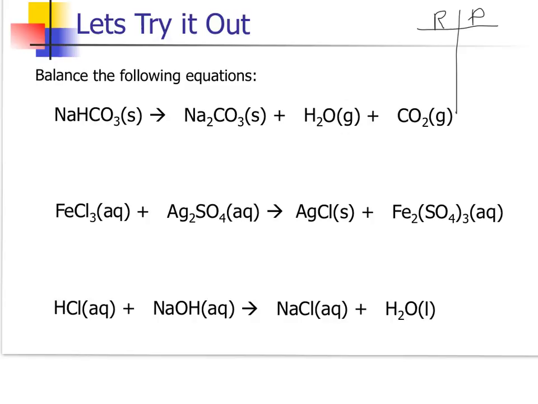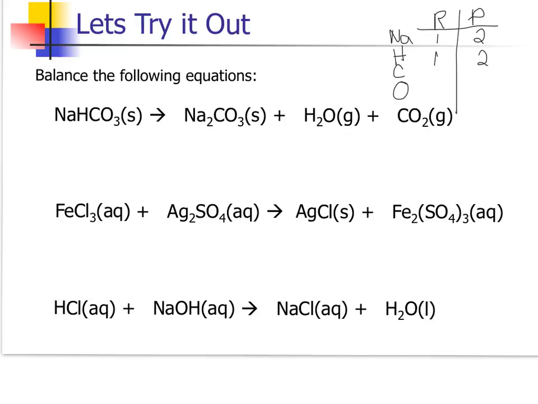Well, that should mean I want to leave that alone as much as possible, because that 1 reactant is going to indicate that things are going to change. And so I have 1 sodium on one side, 2 on the other. I have 1 hydrogen on one side, and 2 on the other.